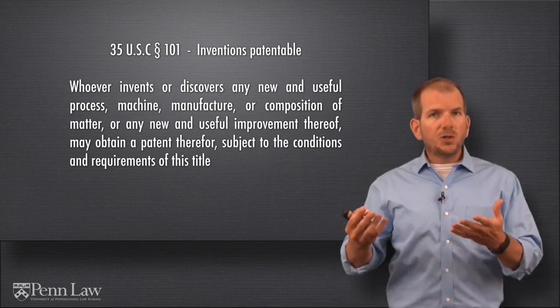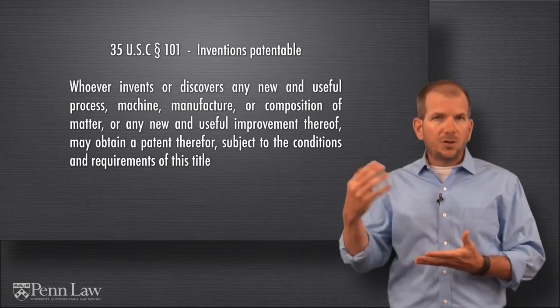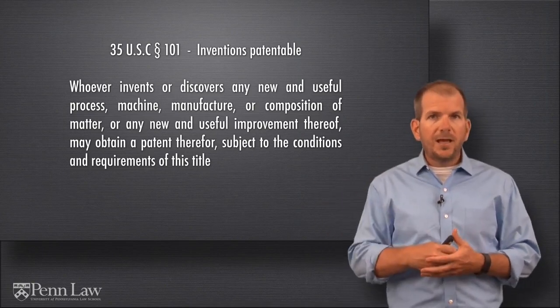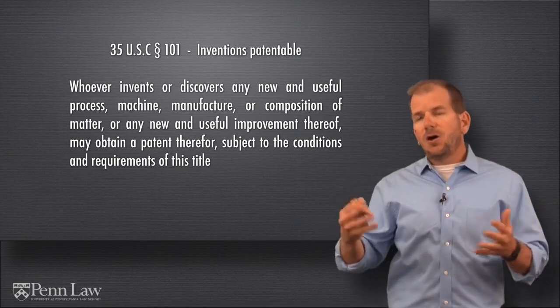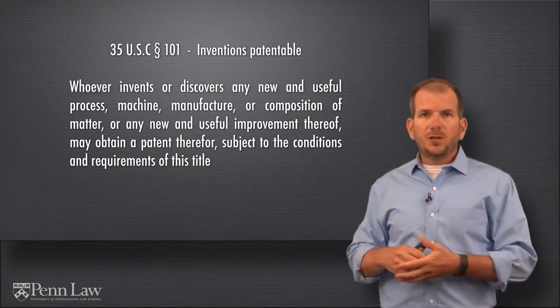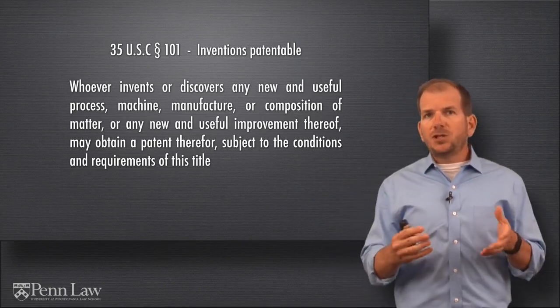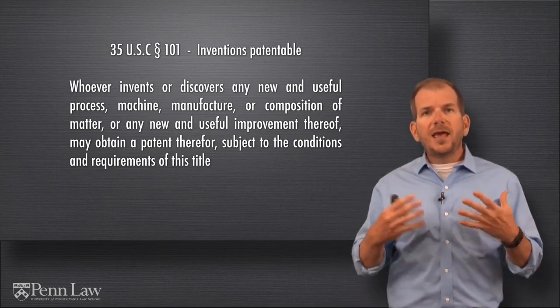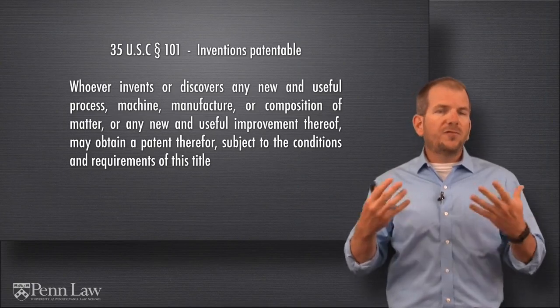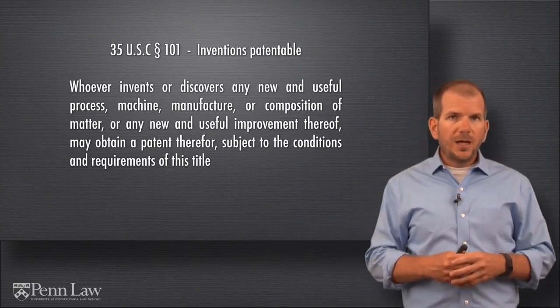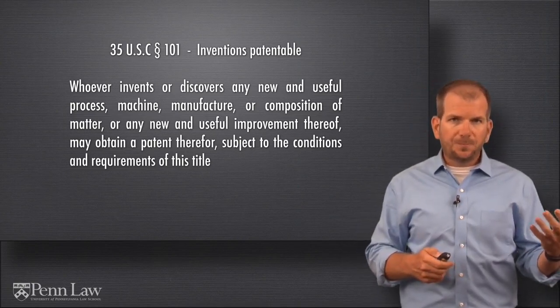This is the very first provision that's meaningful in terms of what can be patented and what can't. And it says that all of these things are patentable subject to the other requirements of the patent statute. What that means is that Section 101 is effectively a gateway or a hurdle, the first hurdle that you need to overcome in order to have a patentable invention.